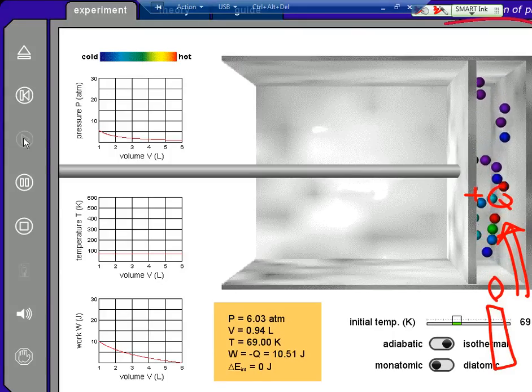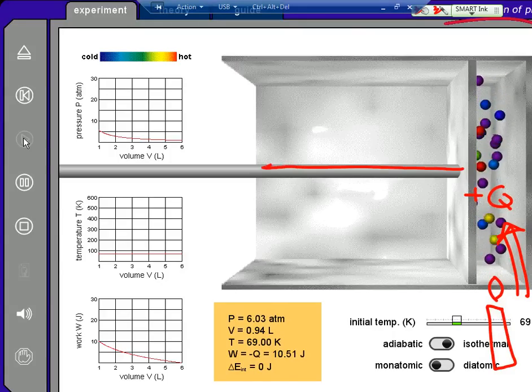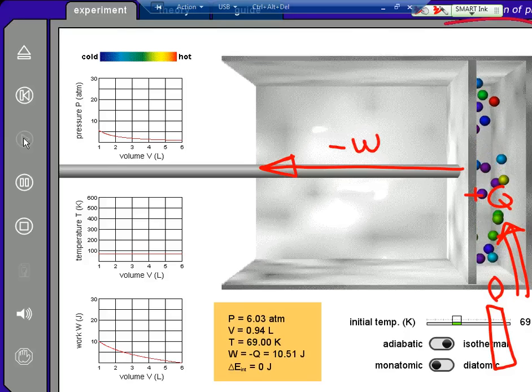Well, any energy I would be putting in would be pushing the piston back out. All the energy would be used up immediately by the gas to increase its volume. So whenever I have a positive Q, I have negative work. When I have a positive work, the energy gets lost as negative Q. So that's what isothermal means.